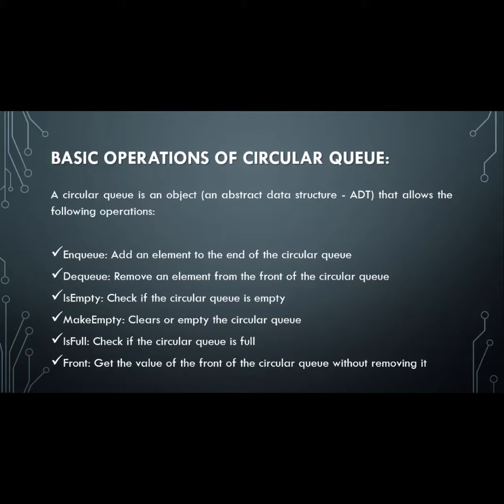Enqueue and dequeue are the functions which help us to add an object and remove an object from the circular queue. We add objects using enqueue and remove using dequeue. To make sure that the circular queue is empty or full, we use is empty and is full to check whether they are empty or full.